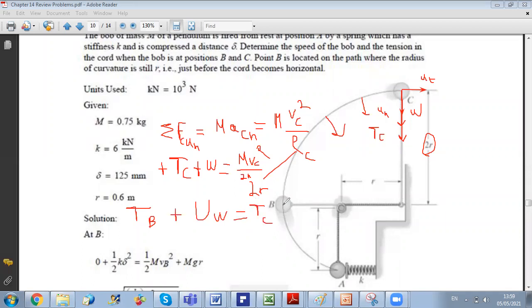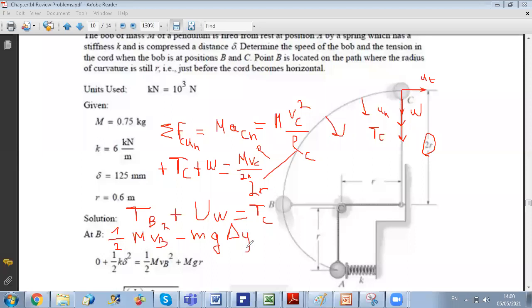Already for B, I know the velocity. I calculated it in the previous step. So I can just replace TB by half M times VB squared. Concerning the weight, you know that the work of the weight is given by minus mg delta y if I consider y positive upward.